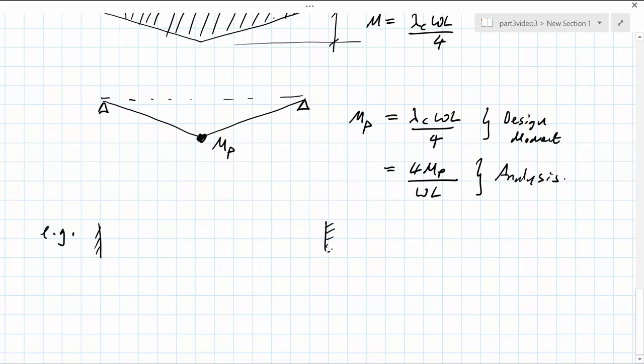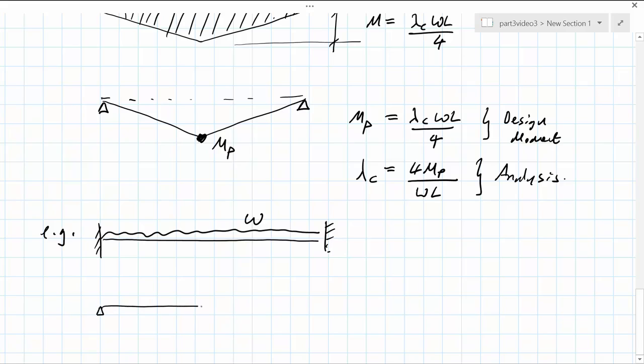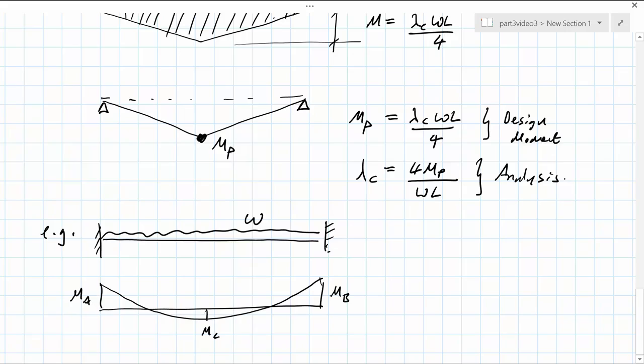This time, consider the built-in beam with a uniformly distributed load of W. The equilibrium state is given by the elastic bending moment distribution, which in this case looks like this, with end moments MA and MB, and a central moment of MC.